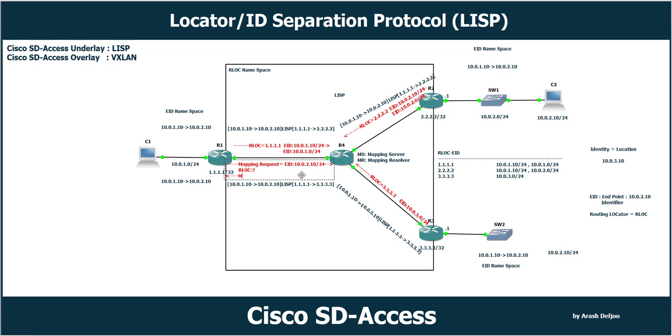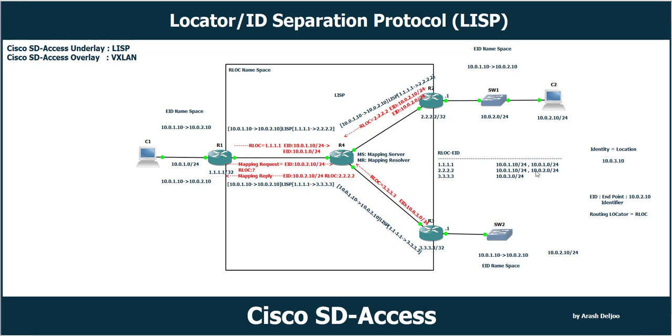The mapping reply includes the EID 10.0.2.10/24, and now the RLOC is Quad 2. How can router 4, the MR, answer?